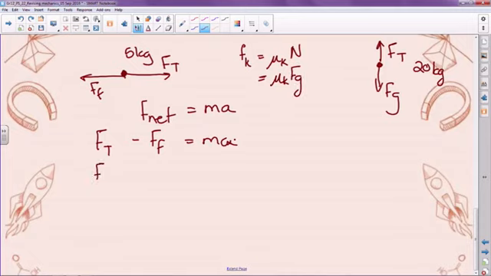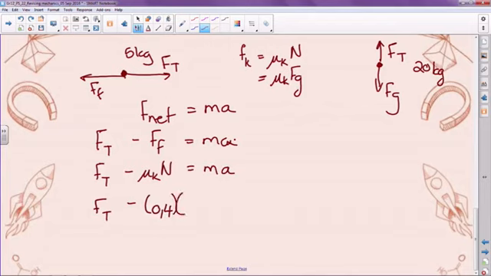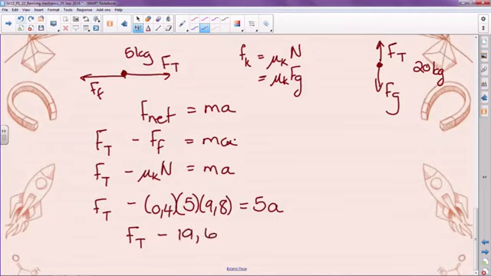Now I substitute in what I know. I don't know Ft, I know mu k, it's 0,4. N we just said was its weight, so that means it's 5 times 9,8. So it's Ft minus 19,6 equal to 5a. I'm going to call that equation 1.